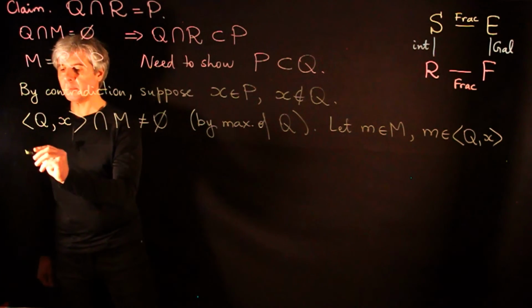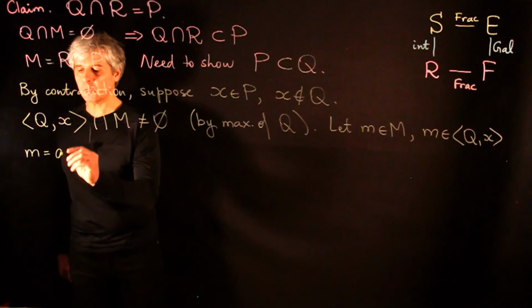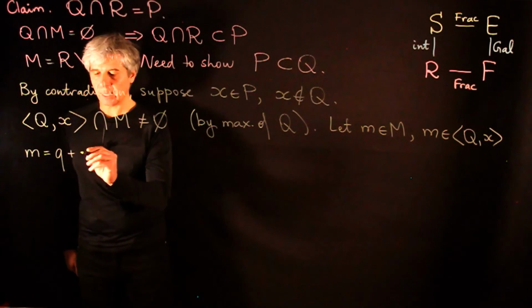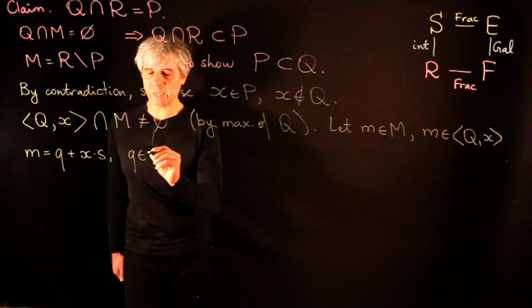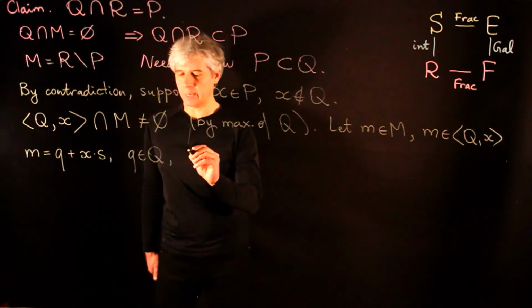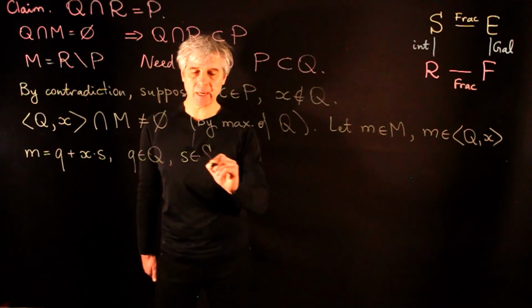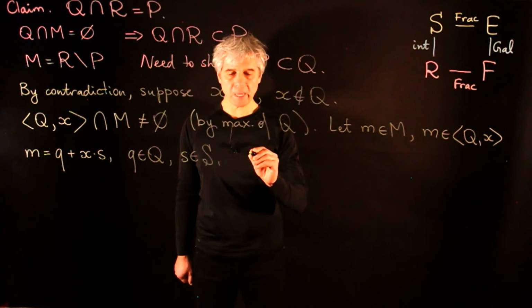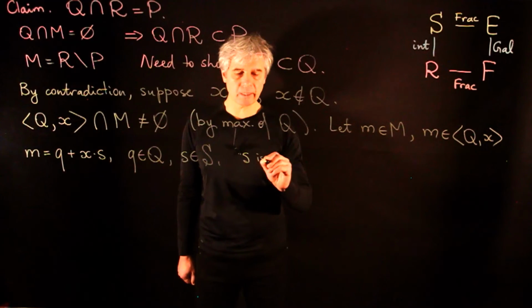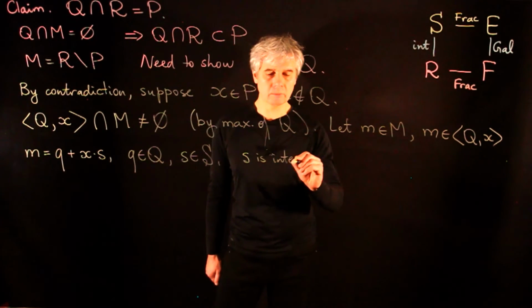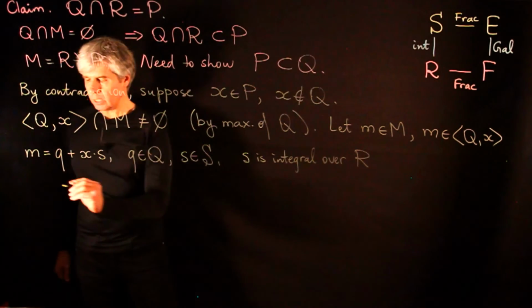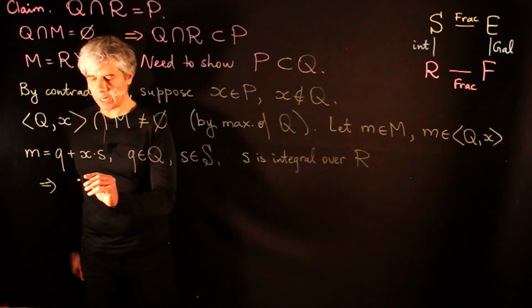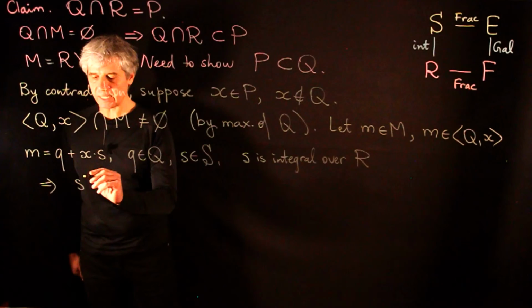Then this element m may be written as q plus x times s, where q is an element of the ideal Q and s is an element of the ring S. So we know that element s is integral over R. This means that we can write a monic polynomial for which s is a root.